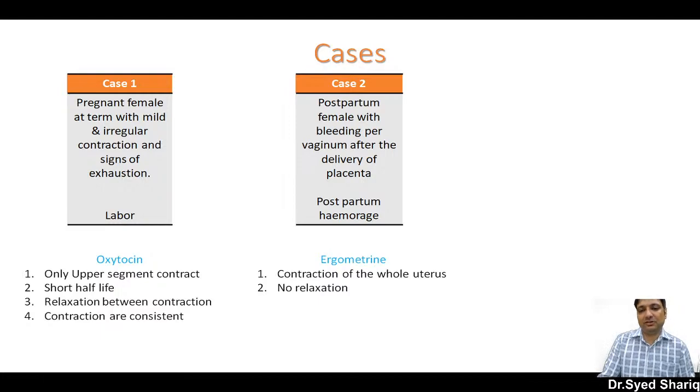Therefore, in these two cases, we require different kinds of drugs based on their properties. Oxytocin is given by IV infusion. Ergometrine is usually given IM, 2 mg IM, after the delivery of the entire shoulder of the child.